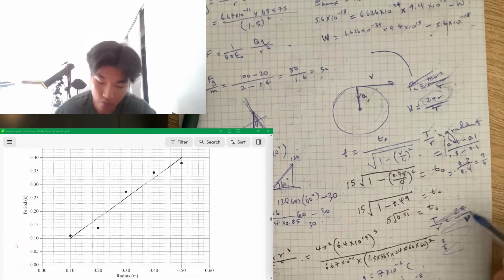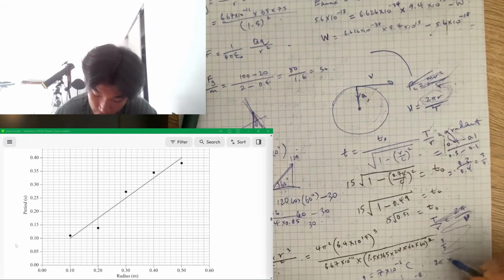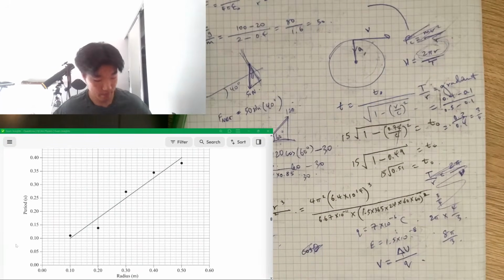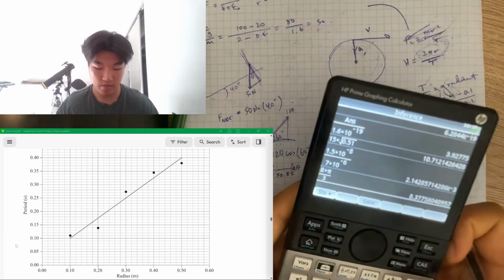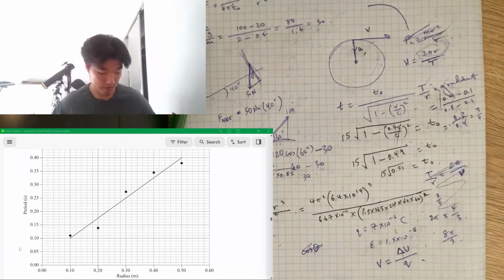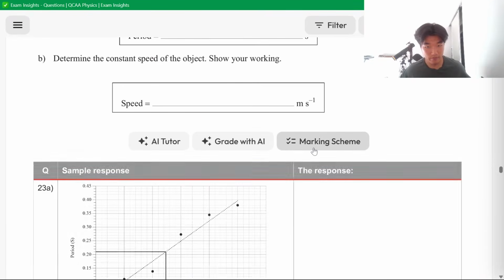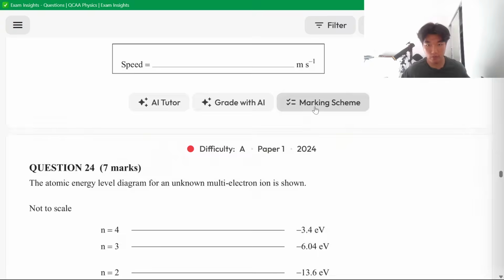Actually, no, I should have just done 1 over, so the inverse of the gradient. So 2 pi times 4 over 3, so that's 8 pi over 3. That's the velocity. 8.38. Full marks for that.